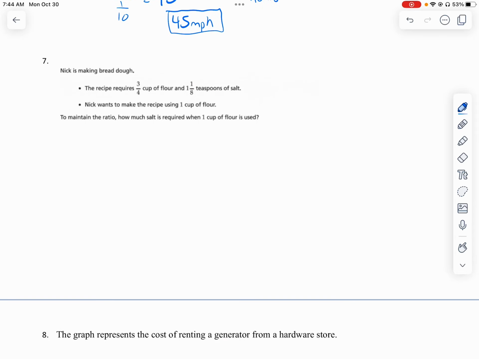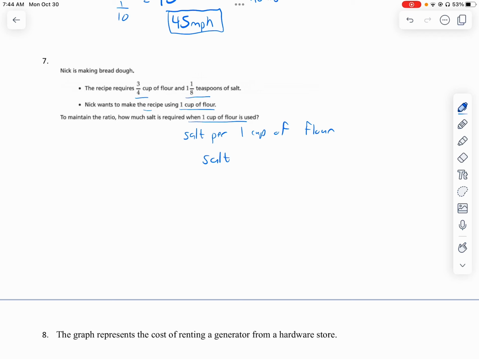Nick is making bread dough. The recipe calls for 3/4 of a cup of flour for 1 1/8 teaspoons of salt. Nick wants to make the recipe using 1 cup of flour. How much salt is required when 1 cup of flour is used? So we're looking for the salt per 1 cup of flour.